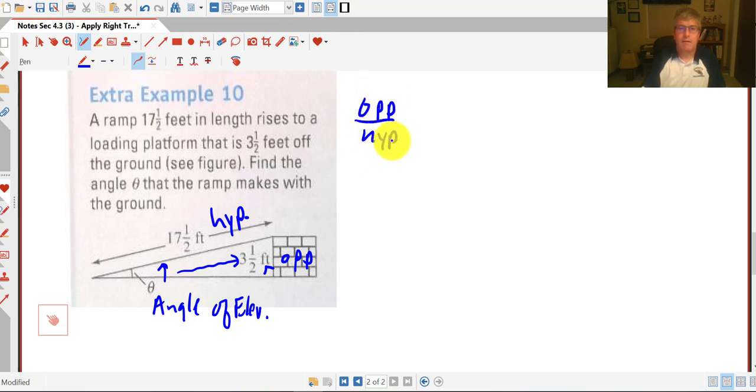And that is sine. So the sine of our angle theta equals the opposite 3.5 or 7/2 over 17.5 or 35/2.